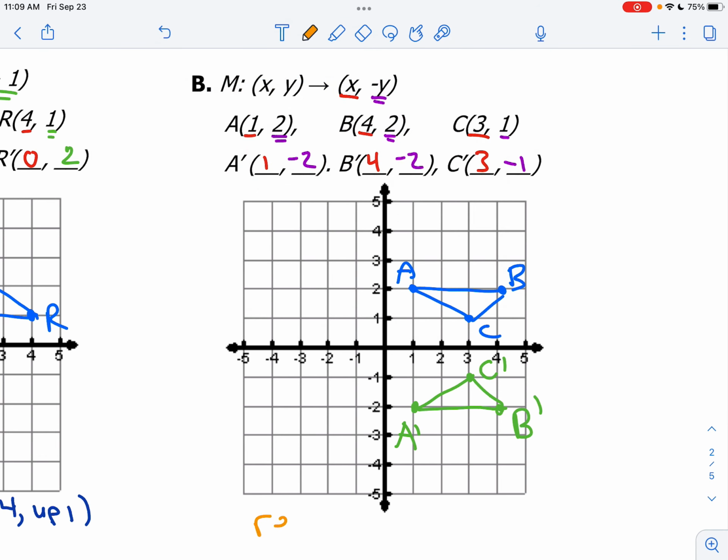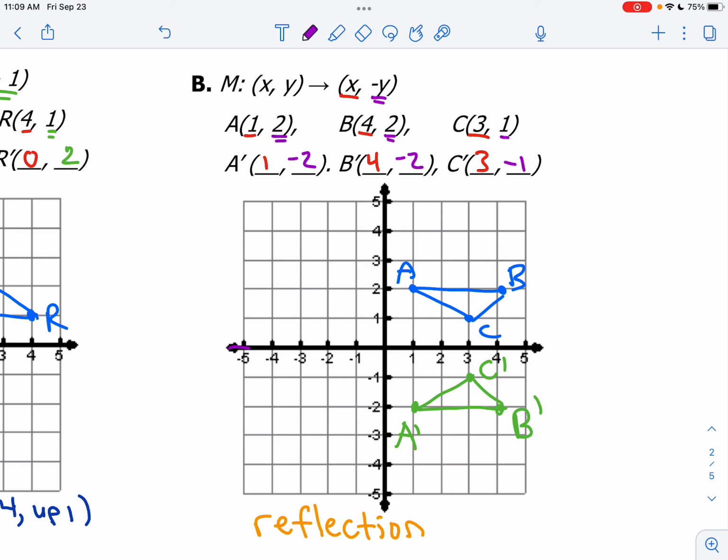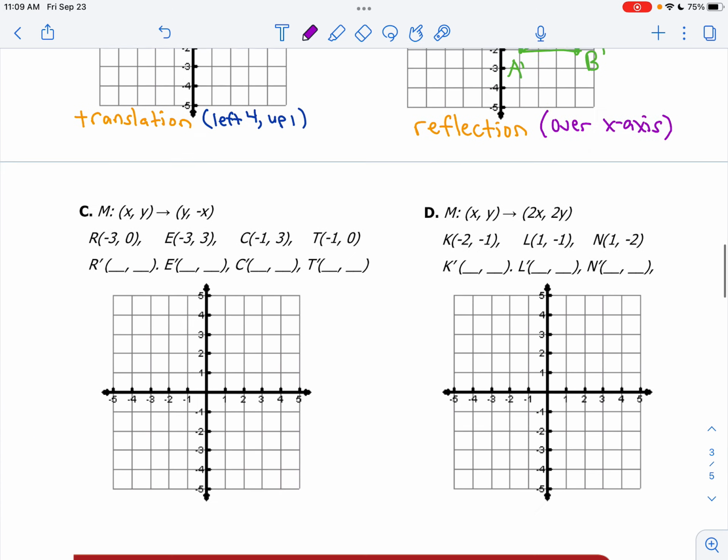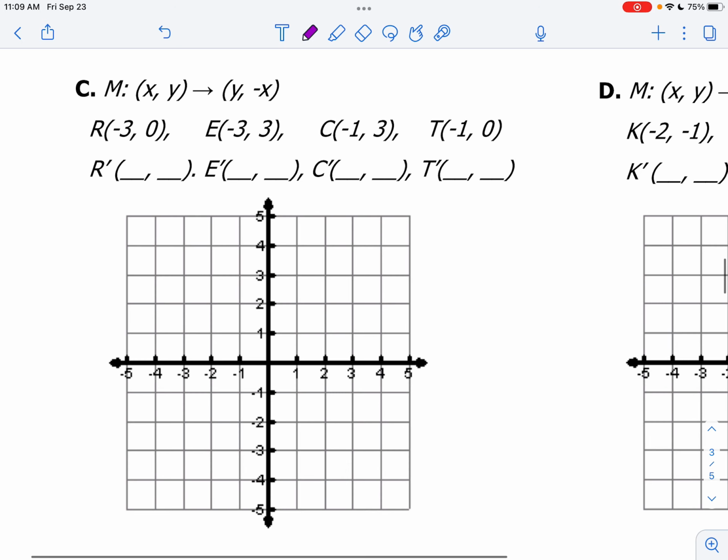And I hope you see a reflection. And then if you were asked to describe it further, you would say there's the line of reflection, so we could say over the x-axis. All right, here we go. 2 more. This one is a wild one. Let's just get our first graph.